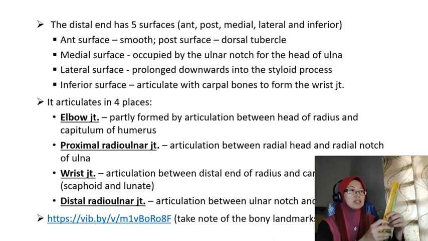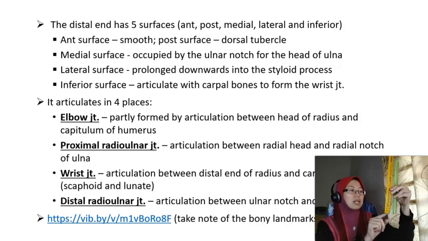The distal part of the radius and ulna form the distal radio-ulnar joint between the ulnar notch of radius and the small head of the ulna.